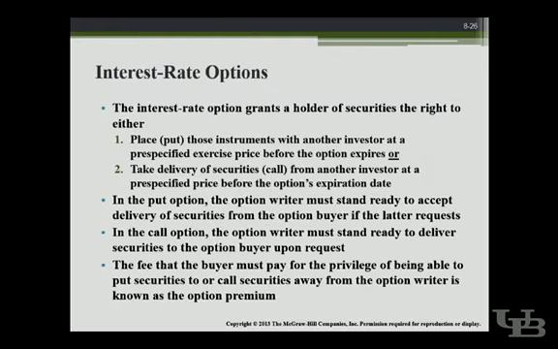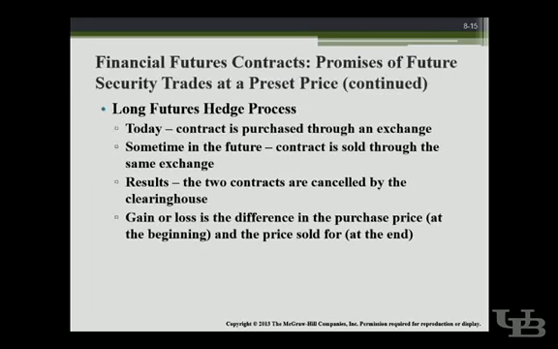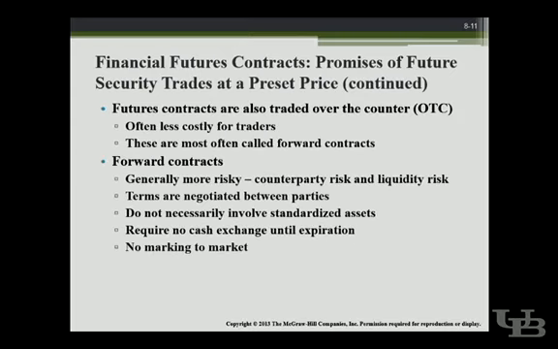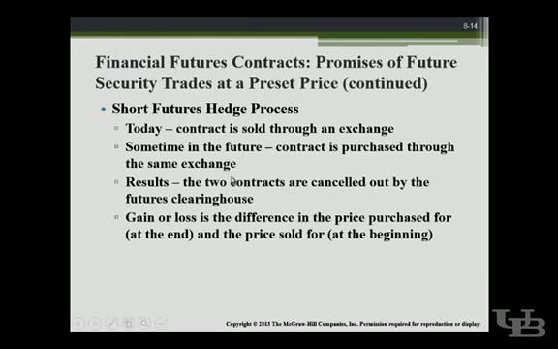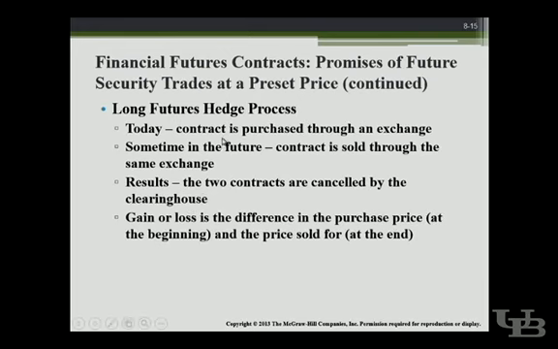Let's look at options. What are options? The difference between interest rate options and interest rate futures contracts is that interest rate futures contracts are binding. What that means is that they cannot change their mind. These contracts, short and long futures contracts, once the institution agrees to sign them, they cannot change their mind.